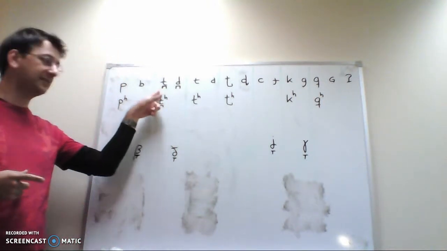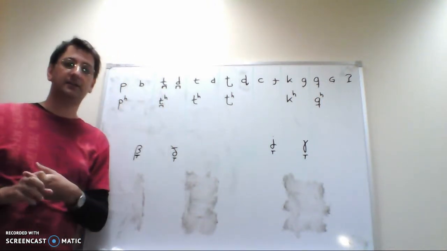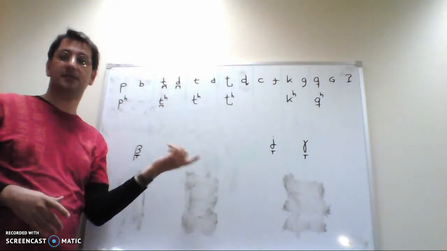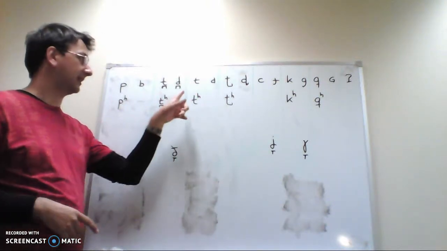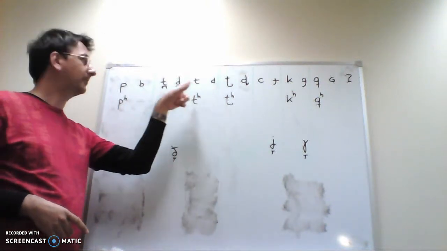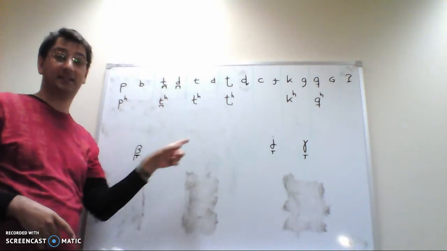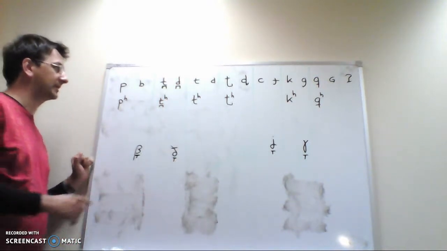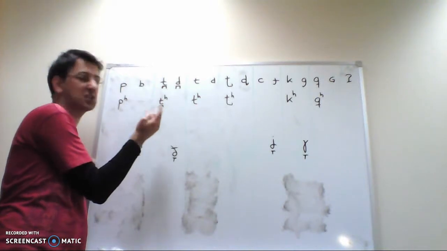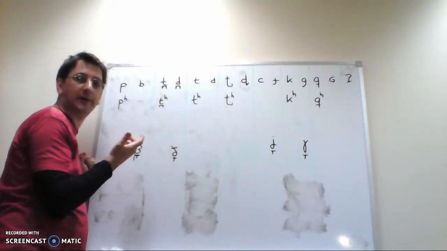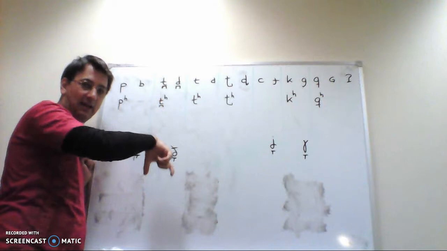So these here are different from T or D in English, because in English they are alveolar, but these are dental, right? So we mark this with what we call a bridge. It's actually like a square bracket looking down.